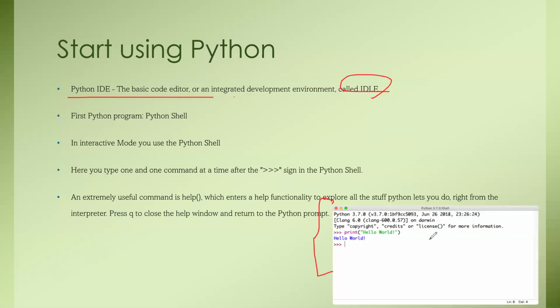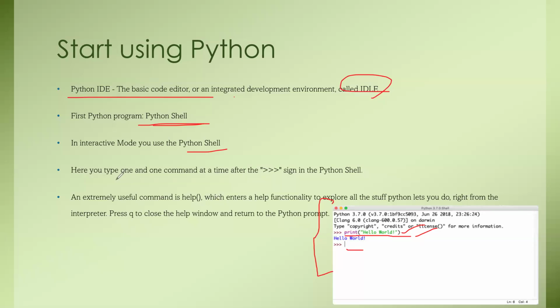Like yesterday I showed you, we executed a small Python command here, print followed by the message, and it gets printed. It is called a Python shell. Like your bash terminal or command prompt, it is a shell that helps to interact with Python.